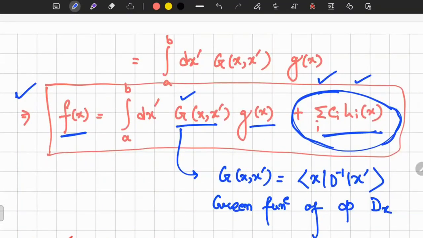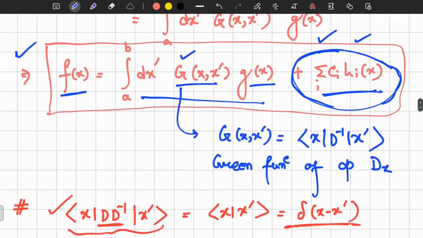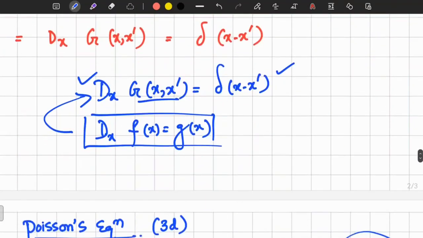We have to solve this part because this involves the green function. Here, there is no green function, so this part is trivial, it is zero. This is zero because if we put that boundary condition, this green function is actually the free green function.